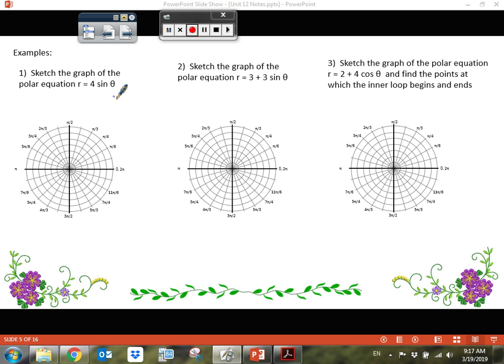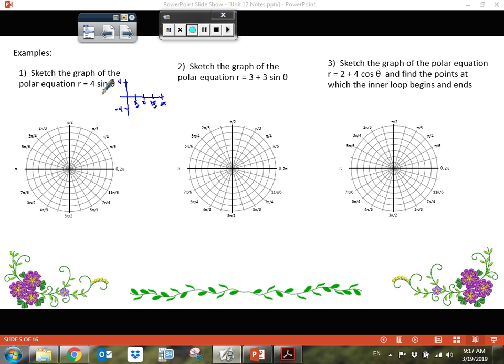So I'm going to do the Cartesian graph of 4 sine, and I'm going to use that as my t-chart to plot this curve. All right. So we know this is our amplitude, which means it would go up 4 and down 4, and there is no vertical shift, so it's at the x-axis. I'm going to use my regular 4 locations that I always use: pi over 2, pi, 3 pi over 2, and 2 pi.